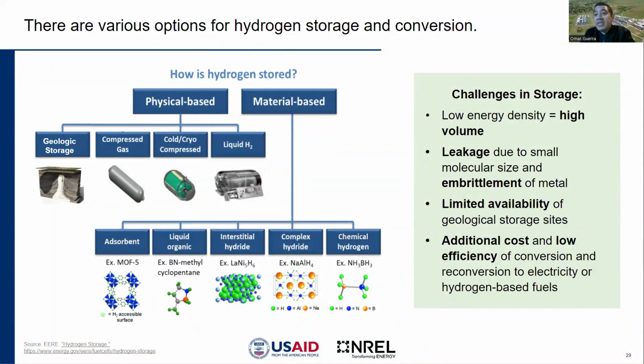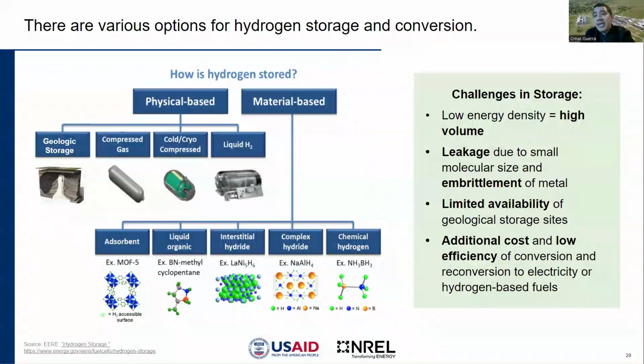And then we have also material-based hydrogen storage, including, for example, different liquid organic molecules that could be used to store hydrogen, or different materials. These are more storage options that are going to be developed. Some of them are not commercially available now, but hopefully in the near term, those technologies could be available.